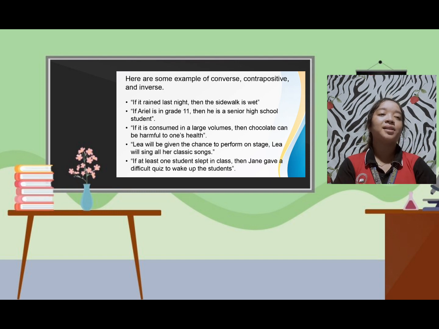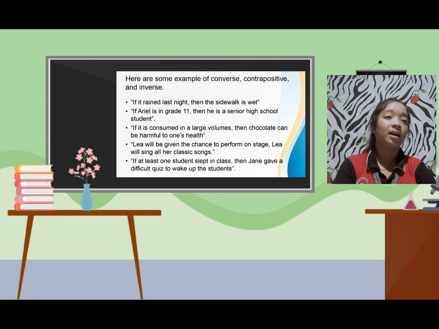The contrapositive of this statement: did you remember, guys, that to find the contrapositive of the conditional statement, you need to find first the negation of Q implies the negation of P? So the contrapositive is: if Ariel is not a senior high school student, then he is not grade 11.